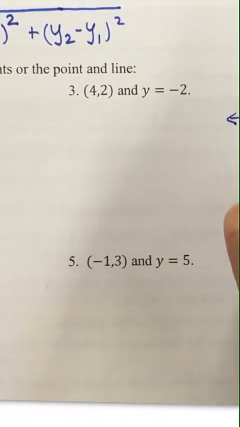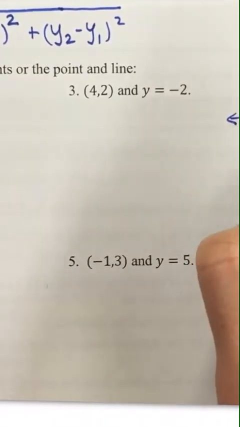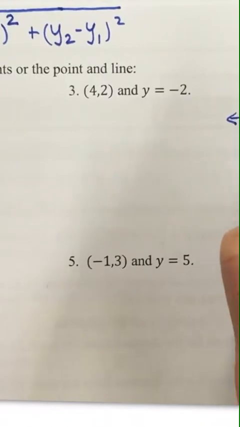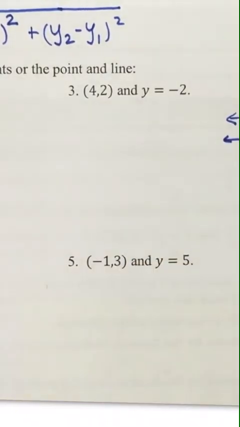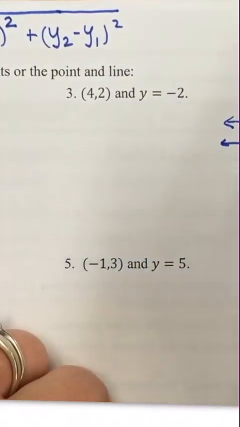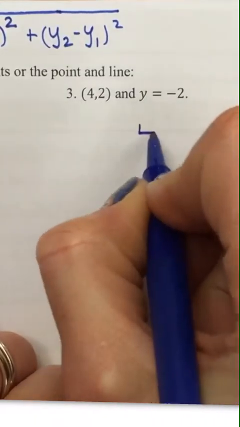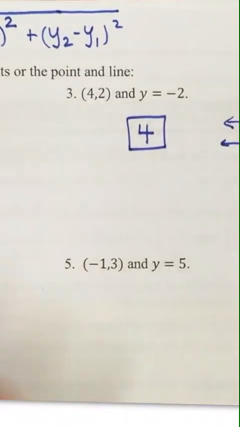I need the point 4, 2, and I need to find the distance to y equals -2. Well, it's 2, 4. Pretty straightforward, pretty simple.